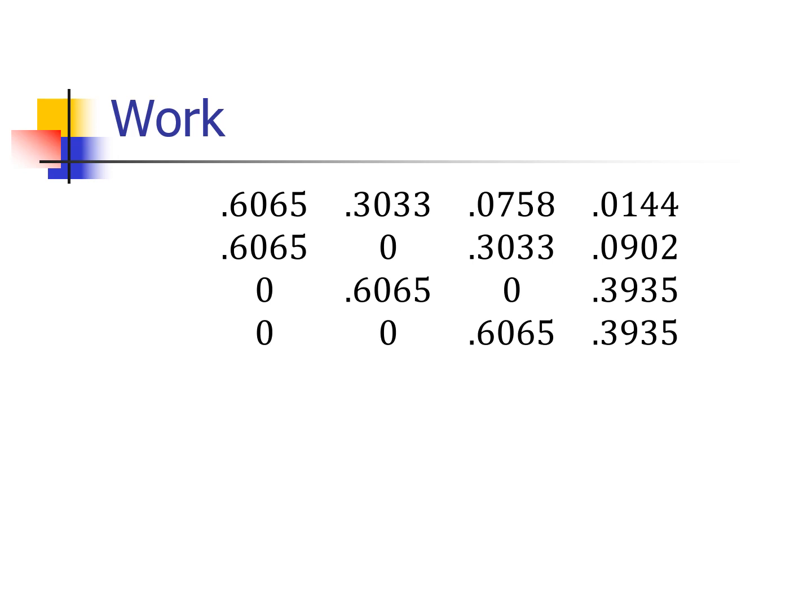And then second column, pi 2 is equal to 0.3 times pi 1 plus pi 2 times 0 plus pi 3 times 0.6 plus pi 4 times 0. You get the pattern? Then pi 3 is pi 1 times 0.07 plus pi 2 times 0.3 plus pi 3 times 0 plus pi 4 times 0.6.